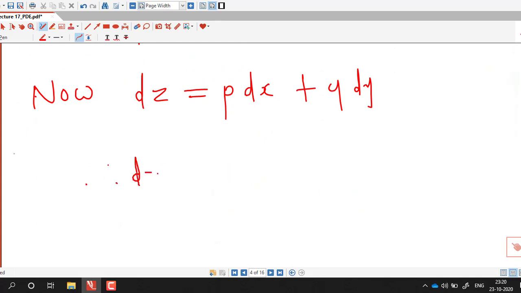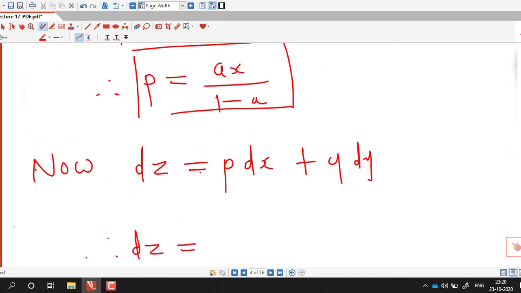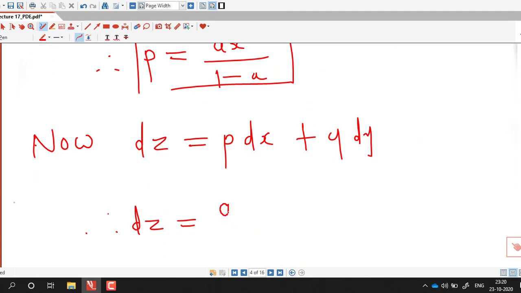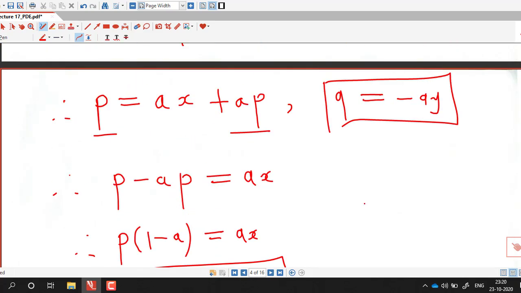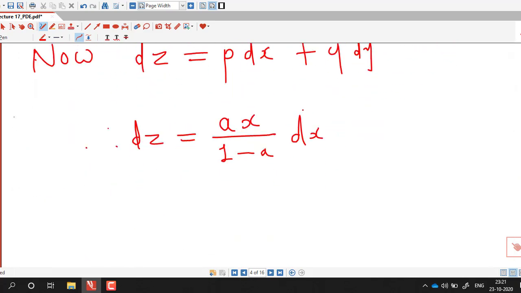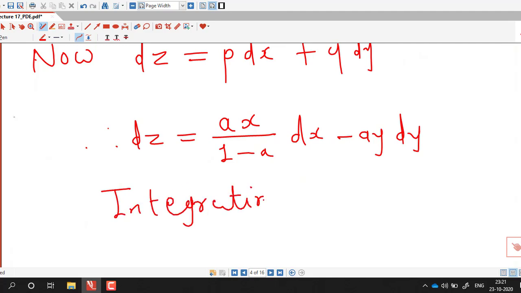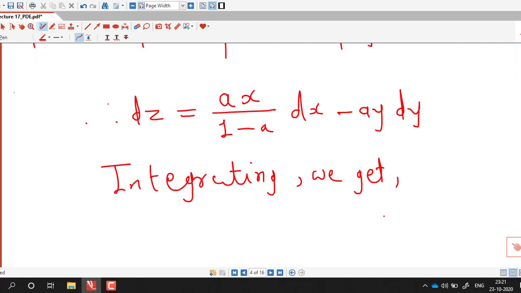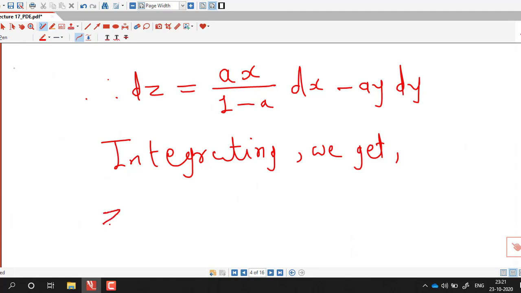So therefore, small p is ax by 1 minus a dx, and small q is minus ay dy, and finally integrating we get, integral of dz is z.